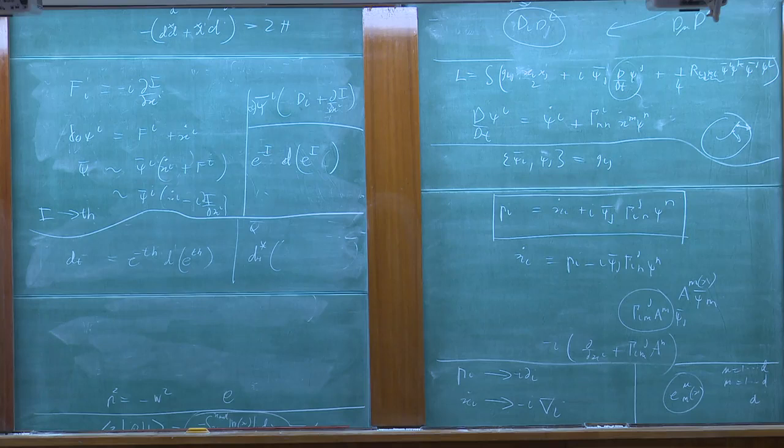One way is all forms that are annihilated by d, but modulo those that are d of something else. The second way is all forms that are annihilated by both d and d star. You remember we got that by extremizing in the space of all forms, minimizing the norm. And the third way were forms that were harmonic. All these three were the same. Let me take the point of view that I will look at the first, the most abstract of the three, the cohomology. That is the set of all forms that are d-closed modulo those that are d-exact.